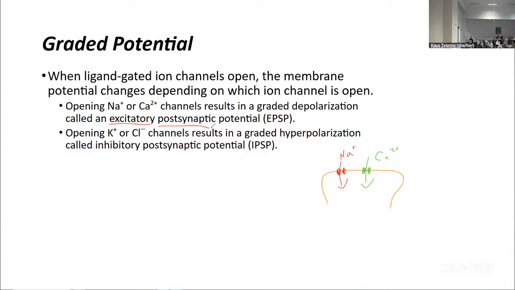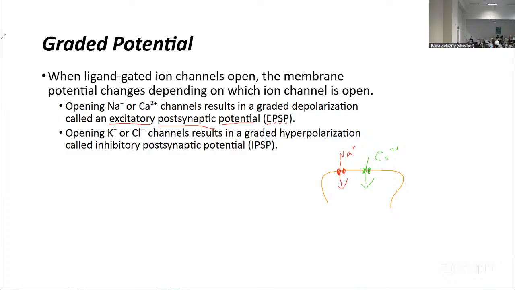So we're in the postsynaptic neuron, and we're talking about a membrane potential. So our EPSPs, or excitatory postsynaptic potentials, are basically depolarization in this postsynaptic neuron happening as a reaction to a neurotransmitter that opens sodium and calcium channels.